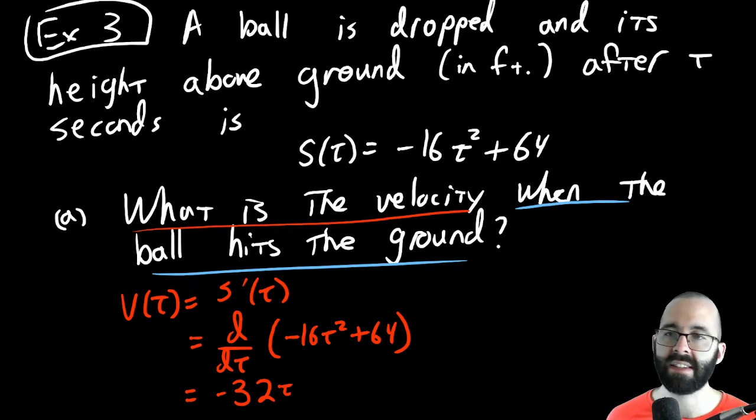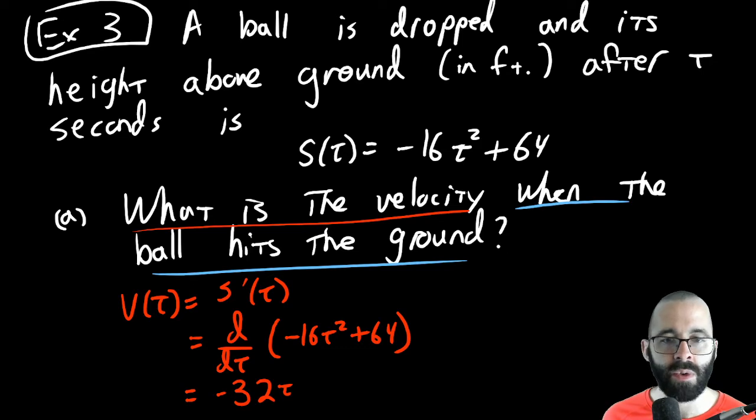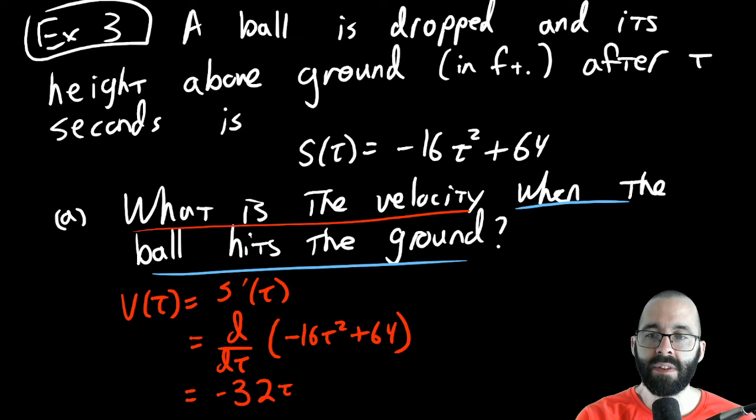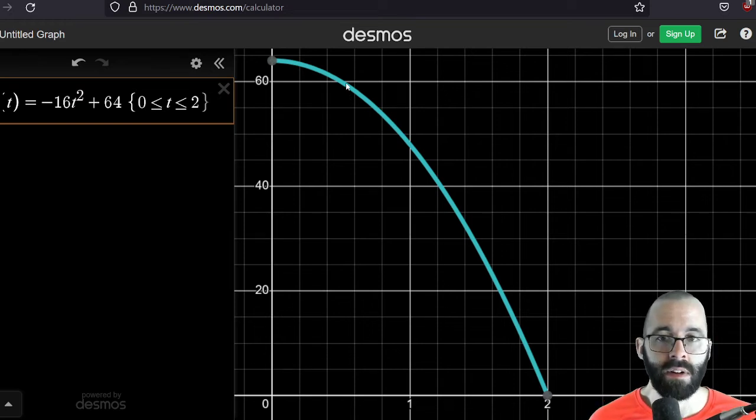So this says the velocity after any number of seconds is just negative 32 times that number of seconds. This is the slope at any point in the graph, at any t coordinate, at any input. The slope is going to be negative 32 times that time. And again, that should make sense that it's negative, right?